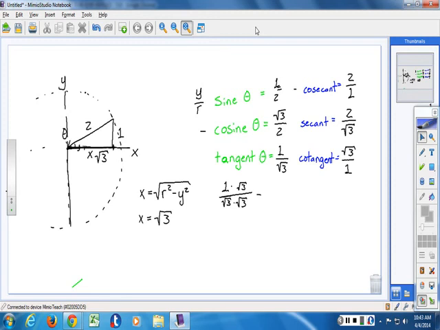So we're going to get, what's the top going to be? What's 1 times square root of 3? Square root of 3 over, not over 1. Or 3, I mean. Square root of 3 times square root of 3, it basically undoes that little square root symbol, or just erase the square root symbol and you're left with a 3.